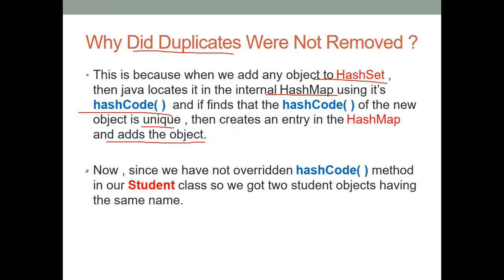That's why it is added. Now since we did not override the hashCode method in the Student class, we got Student objects having the same name, so we can store duplicates. If you override the hashCode and equals methods, then it doesn't store duplicate objects.